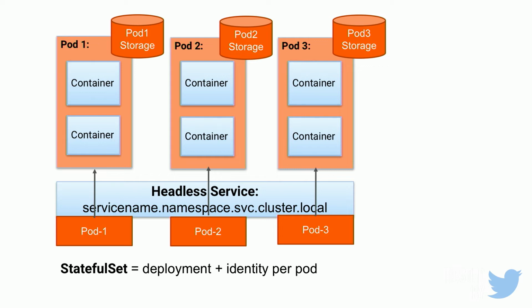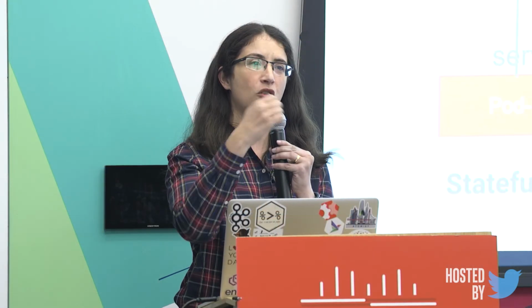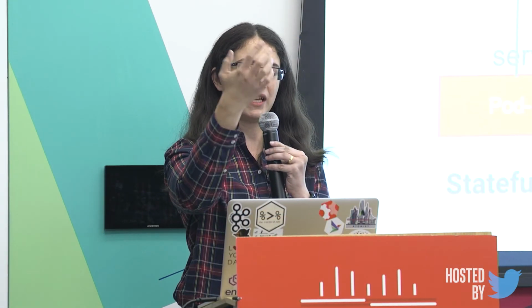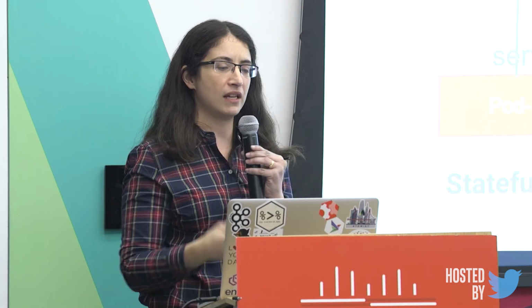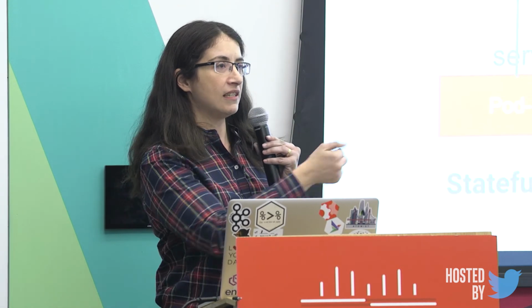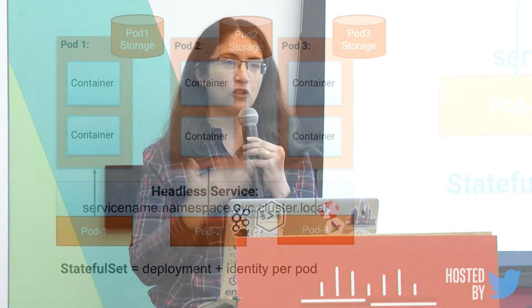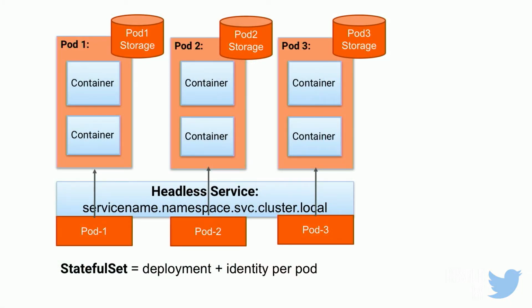The whole story is that each one of those pods is no longer a random pod. These are pod 1, which is different than pod 2, which is different than pod 3. Each one of them has its own unique IP that I can talk to. Each one of them has its own unique persistent storage. Pod 1 always connects to the storage of pod 1, and always has the same IP as pod 1. They have their identity. This is stateful sets, which is the core concept of having to manage state inside Kubernetes.